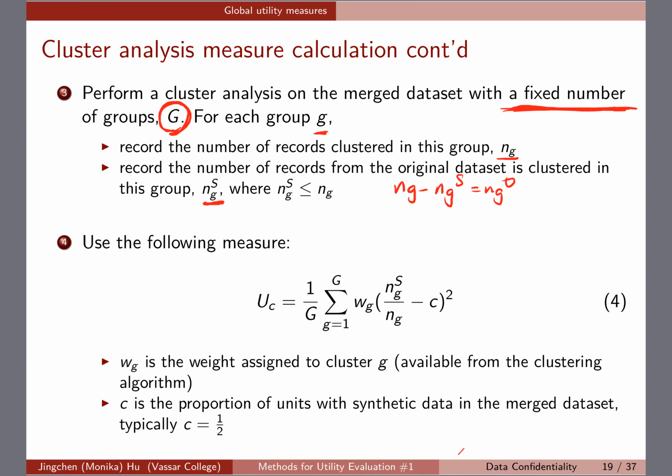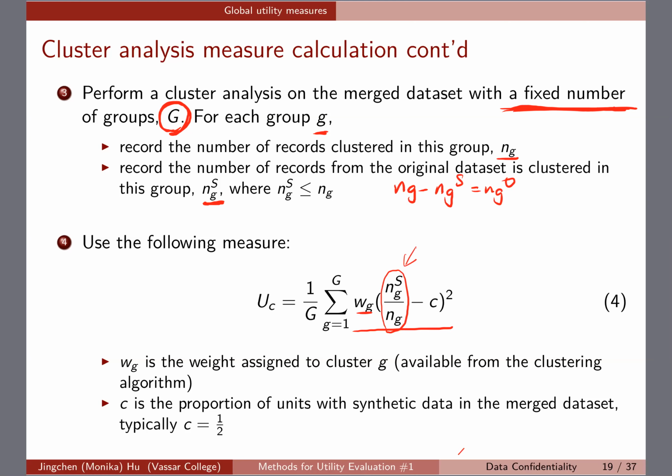What is the weighting doing? We have this WG, which is the weight, and we're going to talk about that in a minute. This ratio is the number of observations from the synthetic data in group G on the top, divided by the number of observations combined from the original and the synthetic.